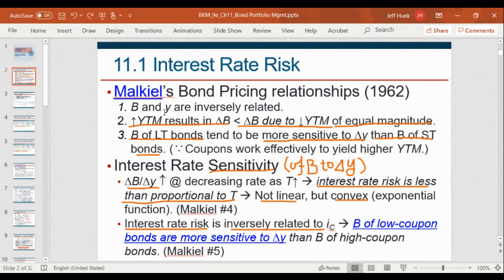Why? Because for a particular class of bond, AAA, double A, single A, triple B, for each risk class, the average of what these bonds in each class pay in return is the average market rate for that class, right?